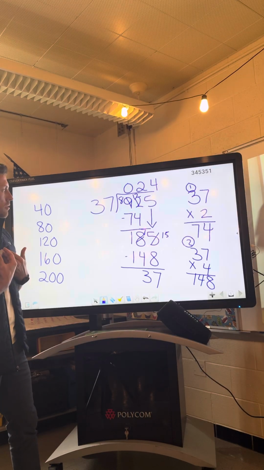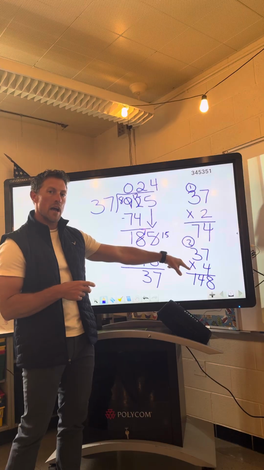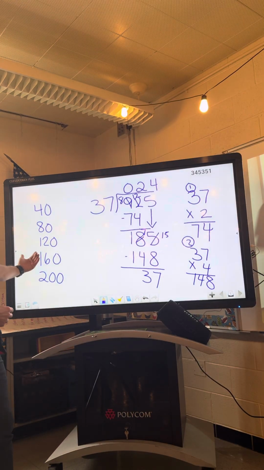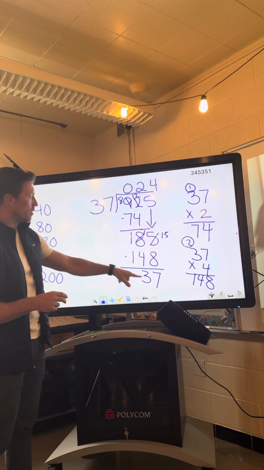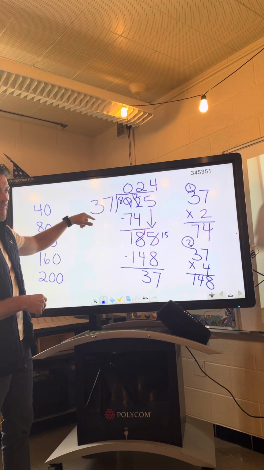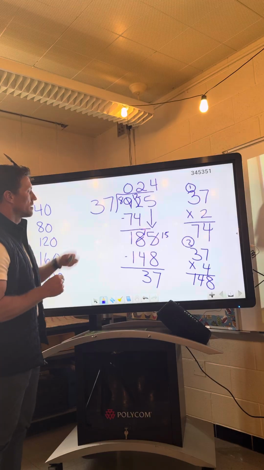So what I just realized is that I did not pull enough groups of 37 out in the beginning. So my estimation showed that I could do 4 groups, but the actual is more than that. Because this leftovers is exactly the same amount as my divisor, this is saying I could do 1 more group of 37.